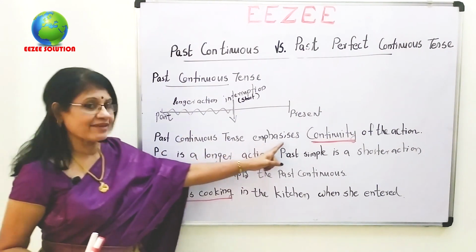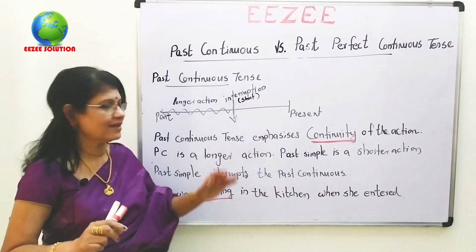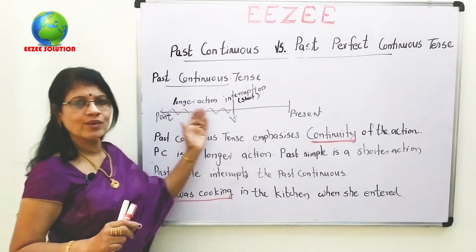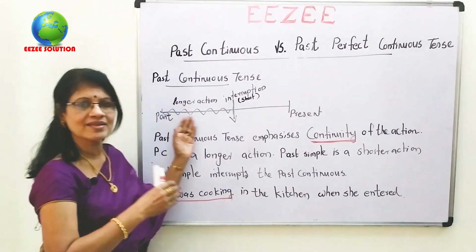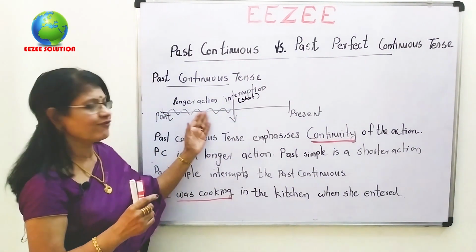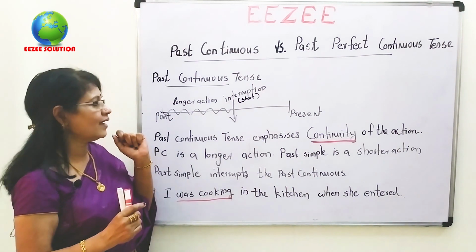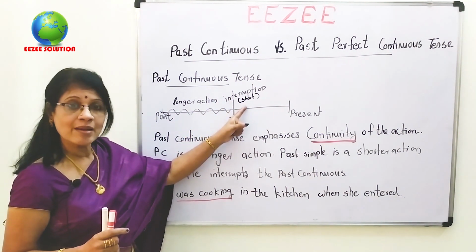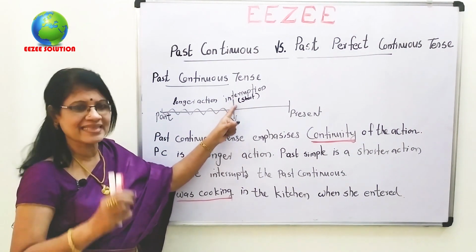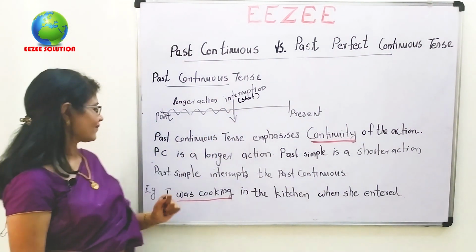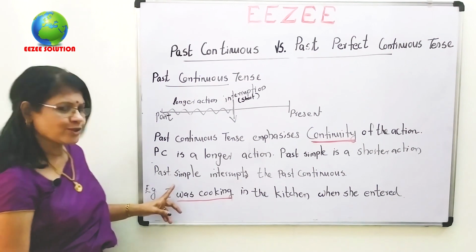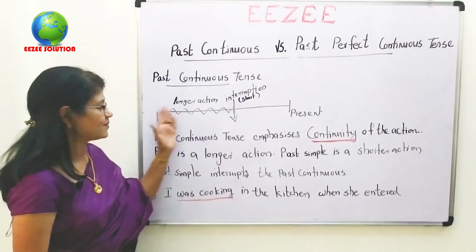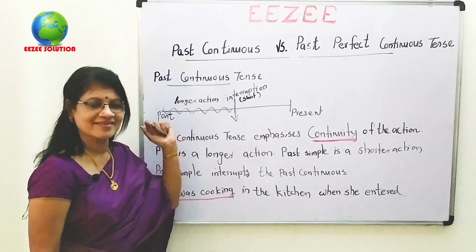Past continuous tense emphasizes continuity because it started here and it was continuing. For the interrupting action we can use past simple tense, which is a short action. Actually, past simple interrupts the past continuous.